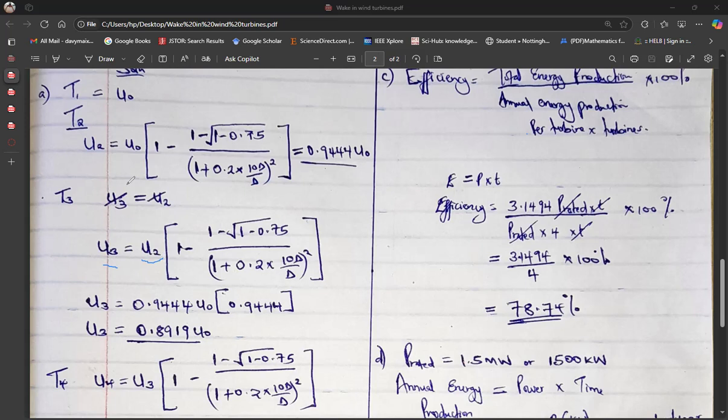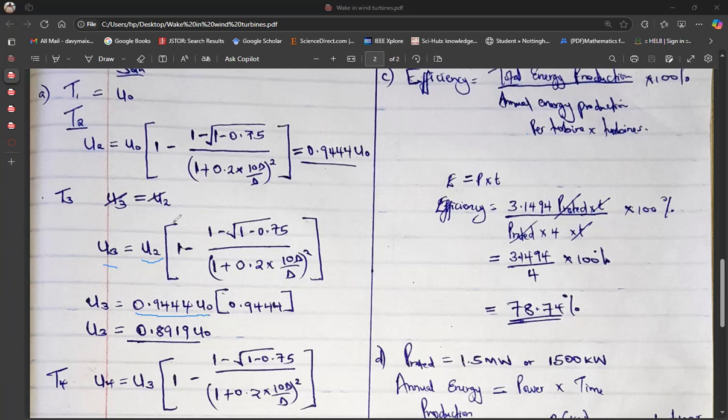Now we are focusing on the second turbine, because the second turbine is the one causing the wake to the third turbine. So we shall just take U2, but now we have U2 as a function of U0. So that means our U2 will be 0.9444 U0.